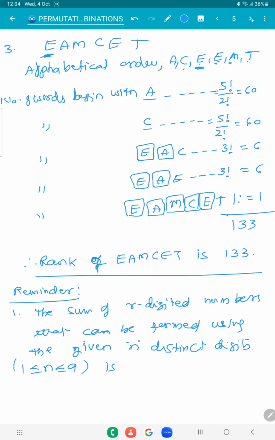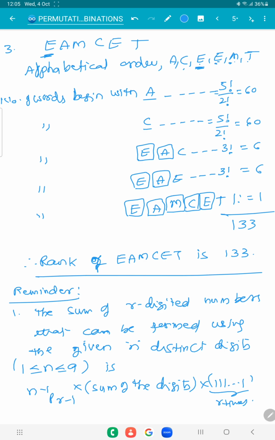So the thing is, 0 is not in this one. The formula is (n minus 1)P(r minus 1) into the sum of the digits into 1 1 1 and so on, 1 r times. This is when there is no repetition and 0 is not there.